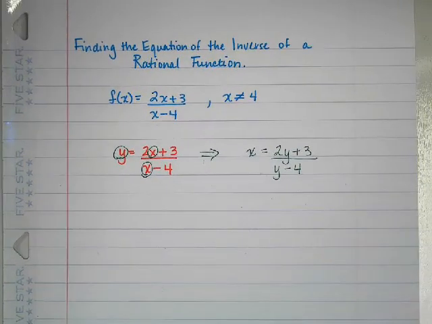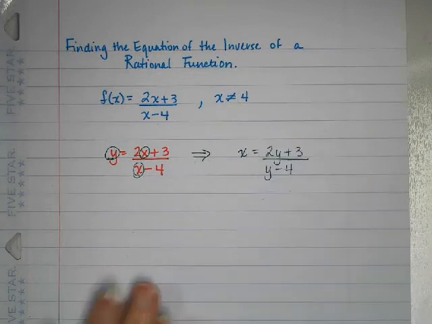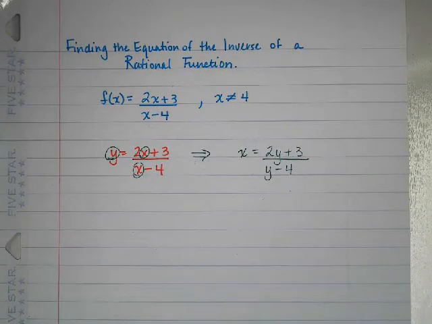All right, and that makes this just a little bit more difficult than the ones we were doing before because now I have two y's. Before we can get the y's by themselves, we need to get them together. So the first thing I'm going to do, now that I have this set up, is what's called clearing the fraction.